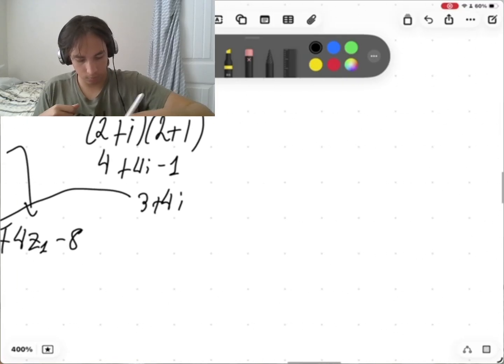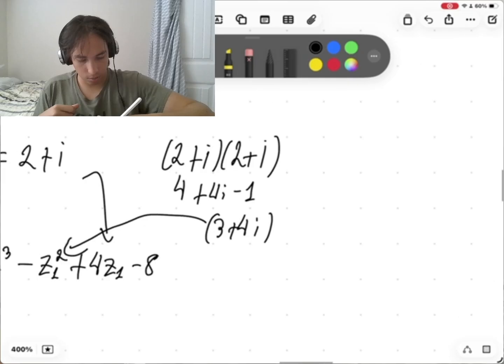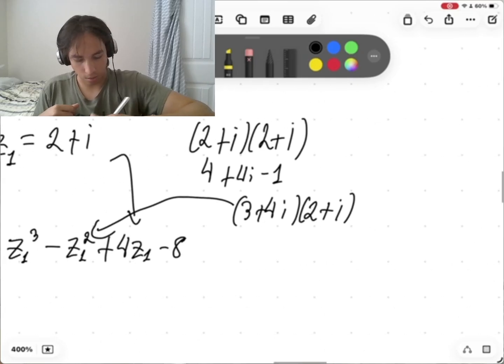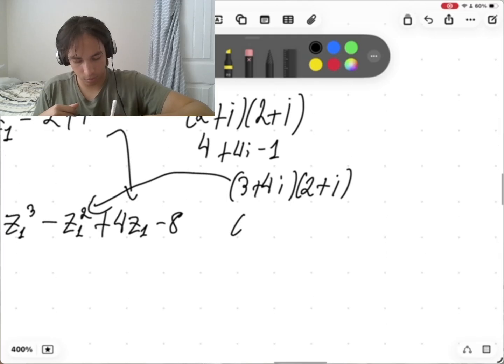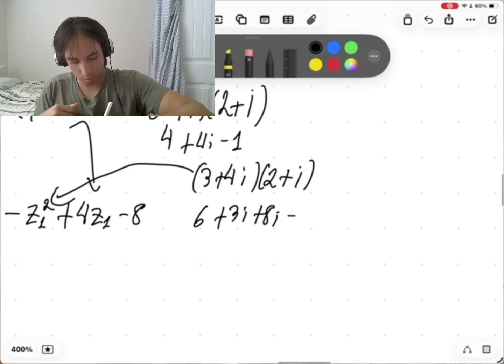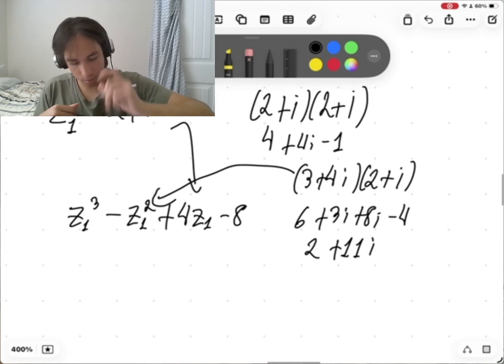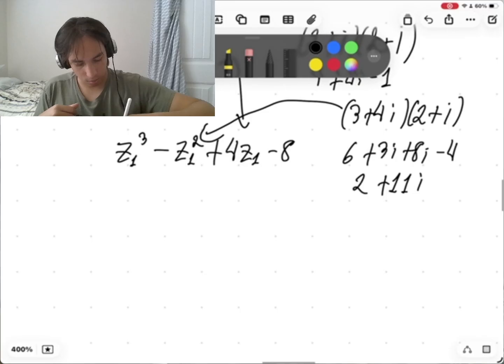And that times 2 plus I is 6 plus 3I plus 8I minus 4, 2 plus 11I. Right, so we get 2 plus 11I.